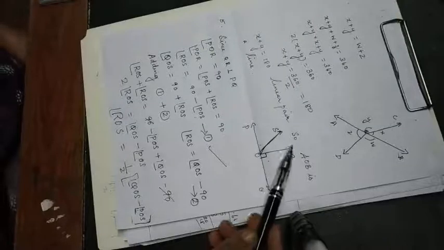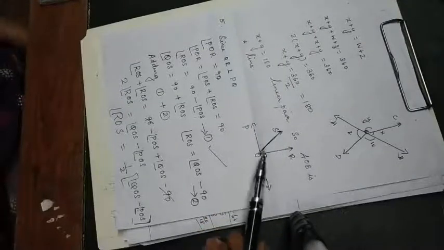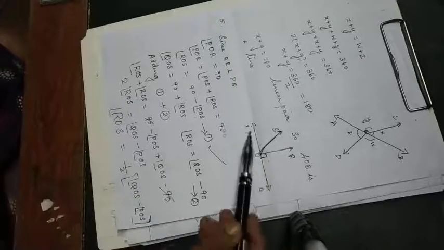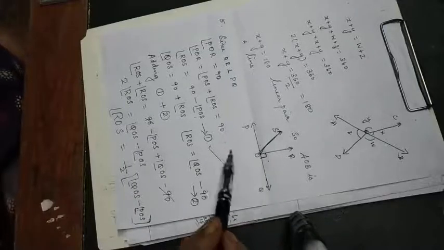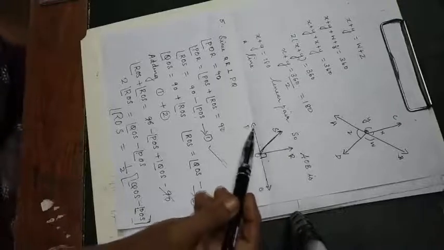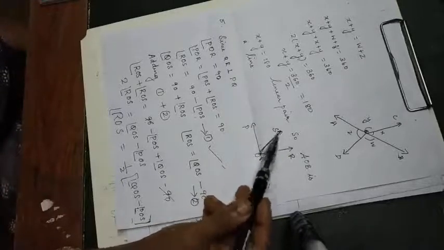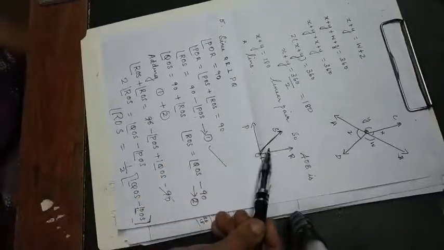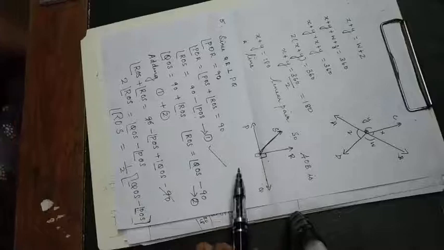Since OR is perpendicular to PQ, we know that ROQ will be 90 degrees and POR also will be 90 degrees. Now POR we can write as POS plus ROS. From that you will get, first, ROS is equal to 90 minus POS.